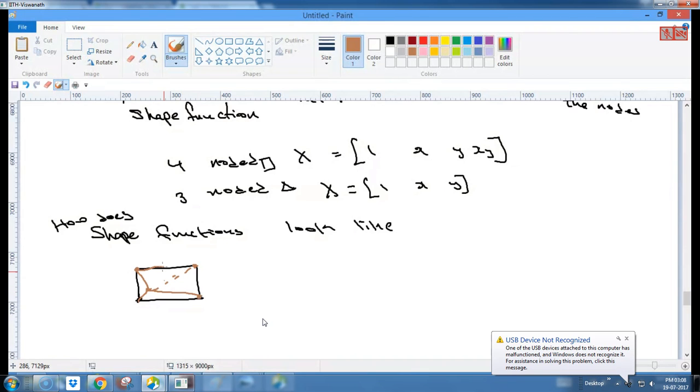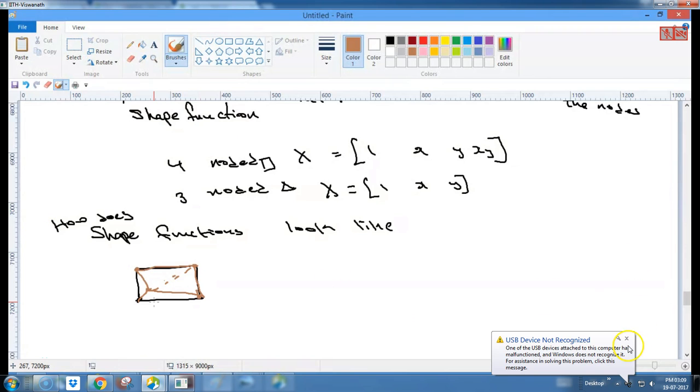This is all 0. This is also 0, right? This is like a tent. A pole has been erected at node A. This is node B.